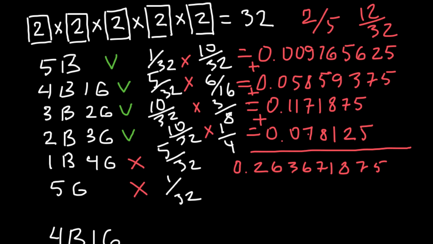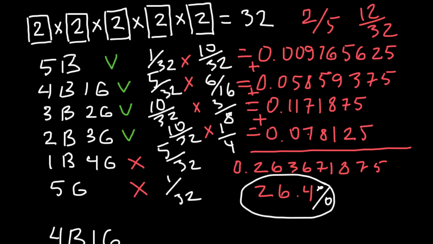So our answer would be 26 point, and here we have 3, but because the next number is 6, this 3 would change to 4, and this is going to be our final answer today.